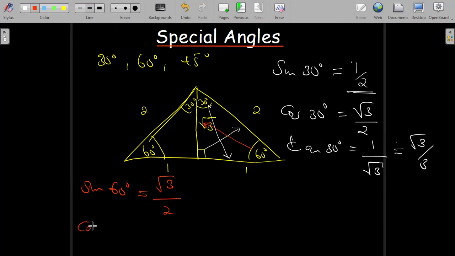Then I have cos 60 degrees. So cos 60 is just the adjacent over hypotenuse. So adjacent is 1, and the hypotenuse is 2. So I get this. Then tan 60 degrees.